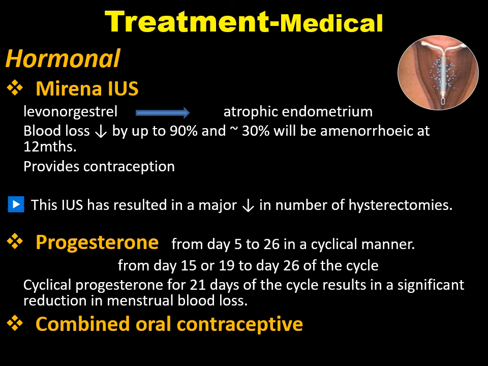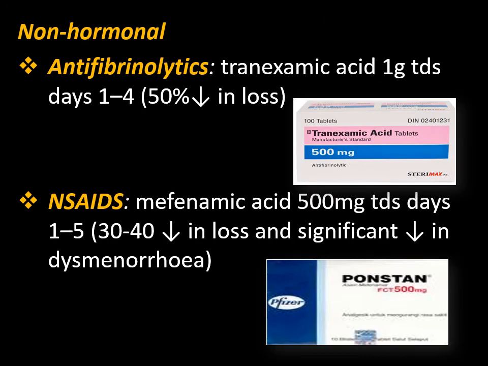Then we give premenstrual progesterone. Combined oral contraceptives are also used in the management of heavy menstrual bleeding, minimize blood loss, and also offer contraception if required.